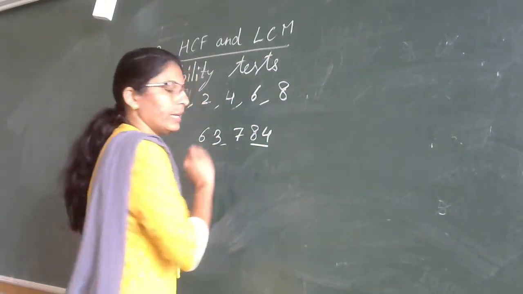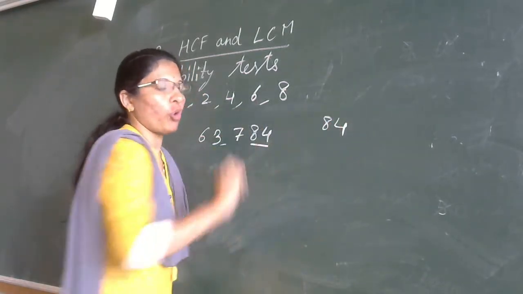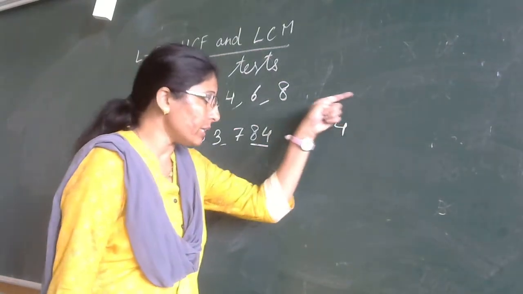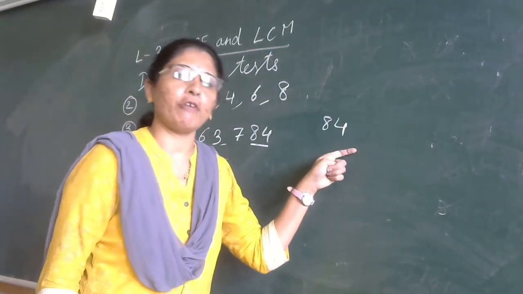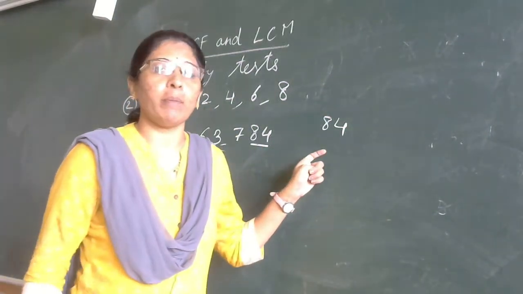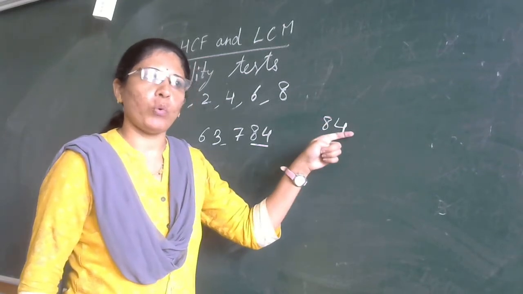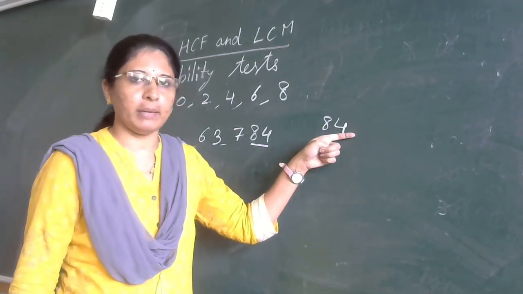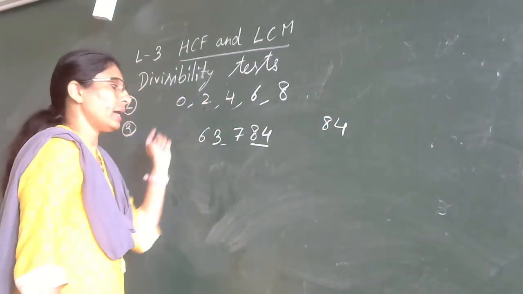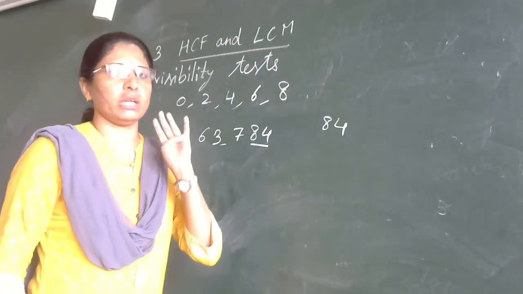Now you can see here 84. So 84 is divisible by 4 or not? 2 digits, so ones and tens place. If this 84 is divisible by 4, that means this full number is divisible by 4. So we can tell directly 4 2s are 8 and 4 1s are 4. It is divisible. We will get remainder 0. That means this full number, when we divide and see, we will get the remainder 0. So this is divisibility by 4.